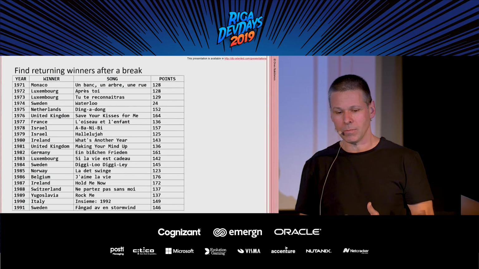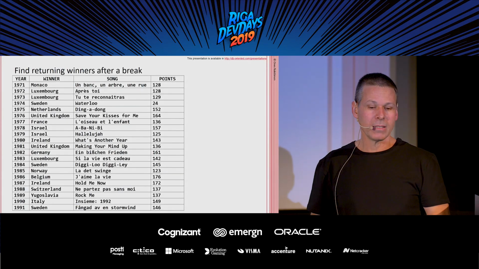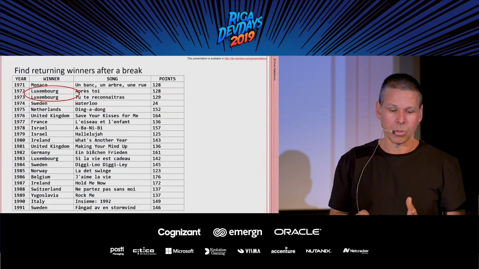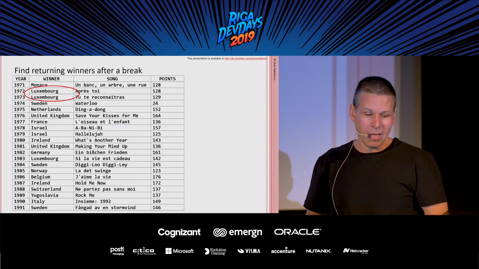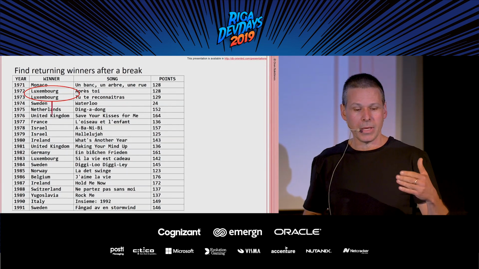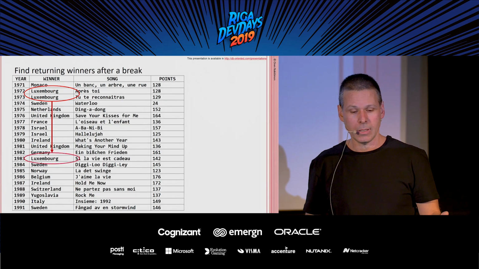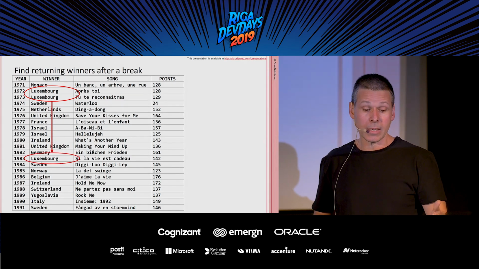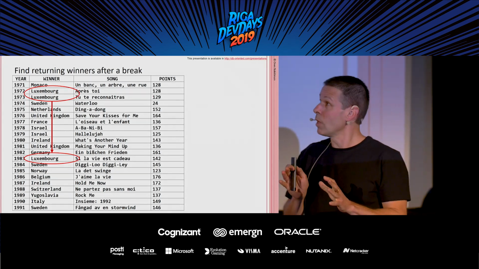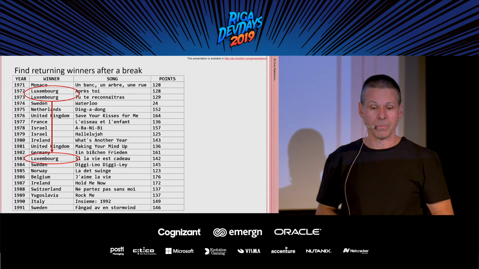Let's make it more interesting. Let's find returning winners after a break. For example, Luxembourg won in 72-73, and then other countries won until it made a comeback in 1983. So we're looking for such a pattern.